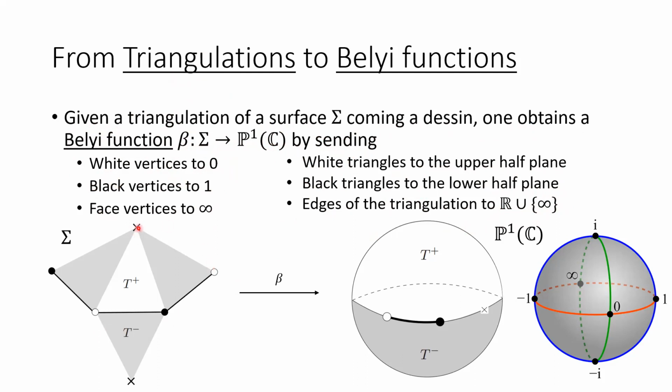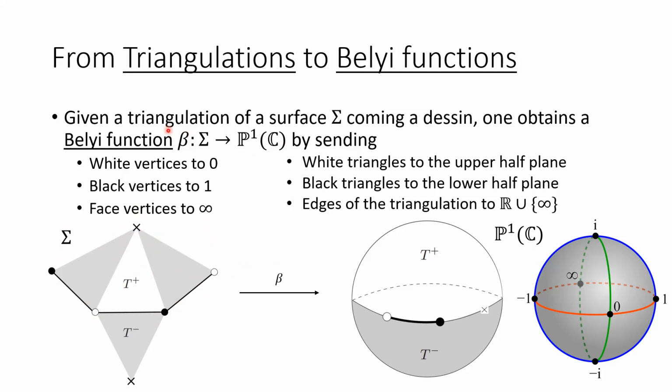This picture explains what's going on. Sigma is on the left, which is my underlying surface, and I've just zoomed into a small piece of the triangulation given by the dessin. I have this face vertex labeled X, and I have this white vertex and this black vertex, and together they determine a white triangle.